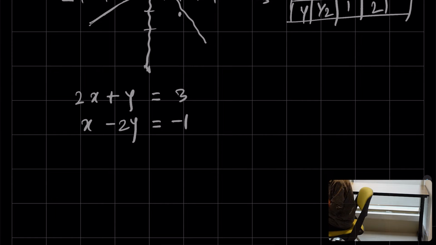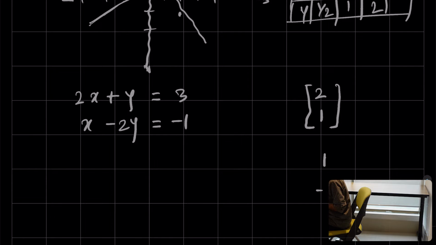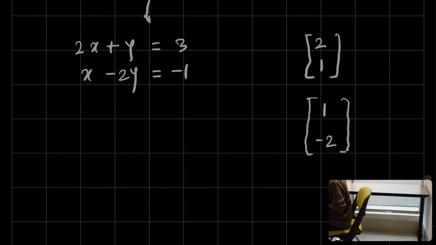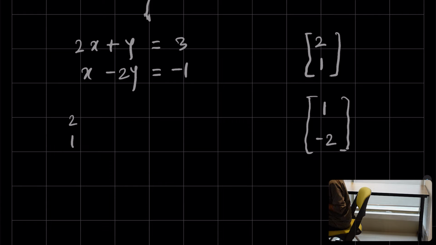If I set it in a list of numbers like 2, 1, these are the coefficients of x, right? And similarly, I can extract the coefficients of y, that is 1, minus 2, right?